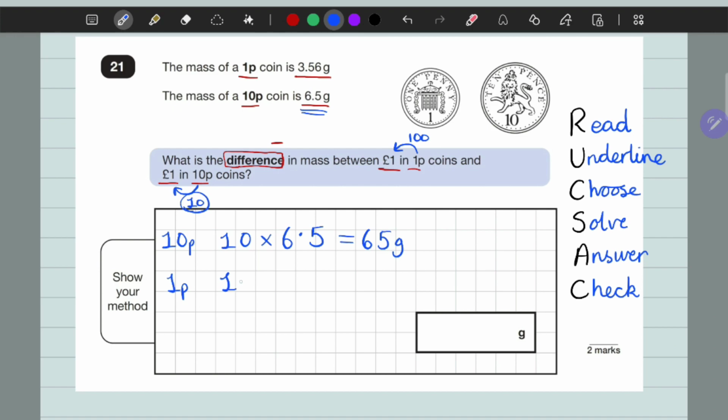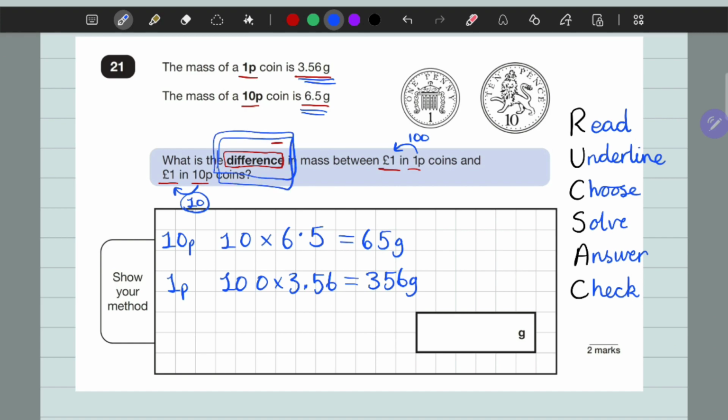So I need to do 100 multiplied by 3.56. Again, I know that for 100, I need to move 2 place values. All my digits need to move 2 place values across, which is going to give me 356 grams.